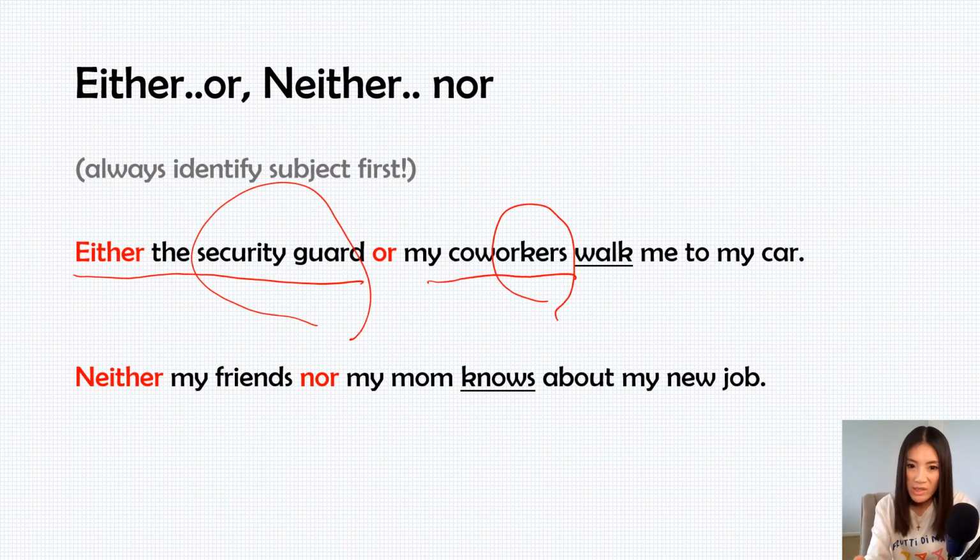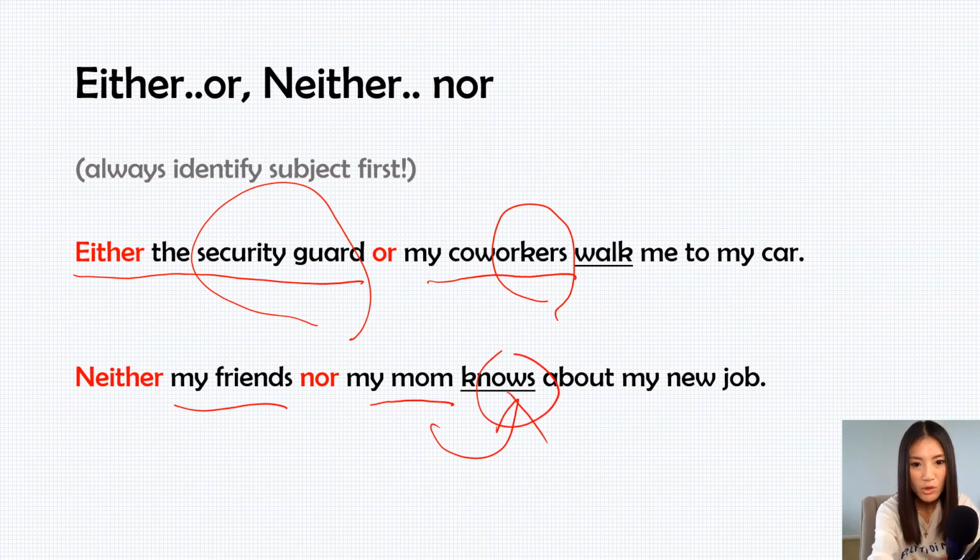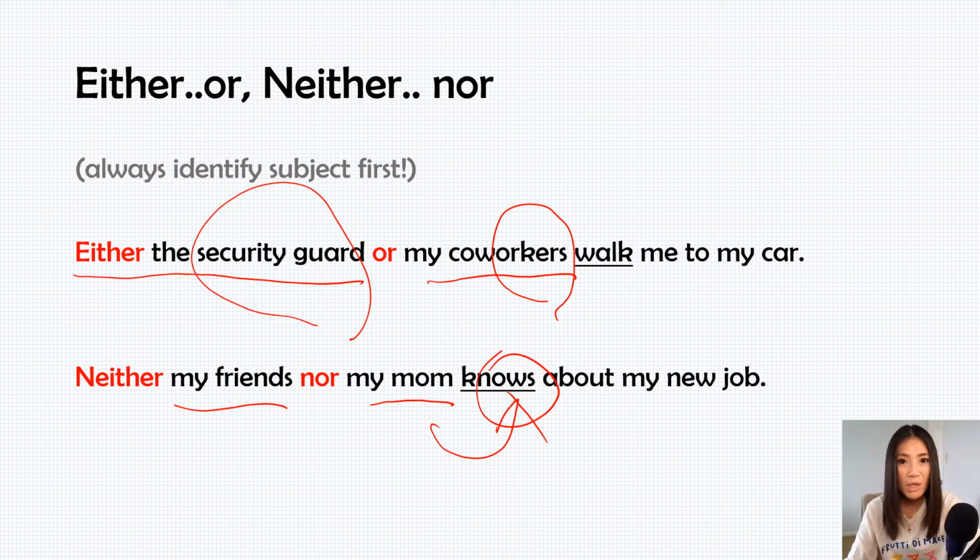So coworkers is closer to the verb, so I'm going to choose a plural verb, walk. Same thing with neither nor. Neither my friends nor my mom. My mom is singular, so I'm going to choose a singular verb, knows. Neither my friends nor my mom knows about my new job.